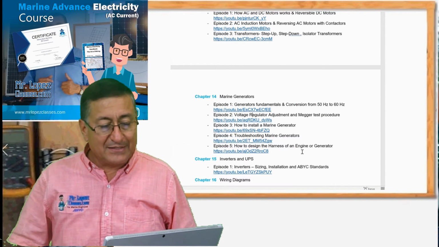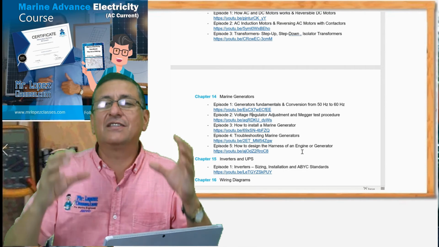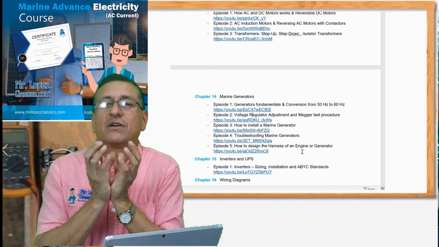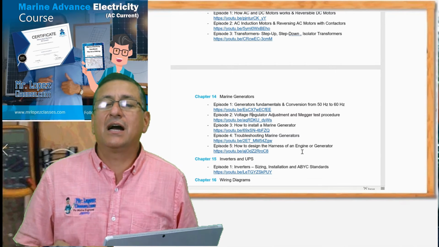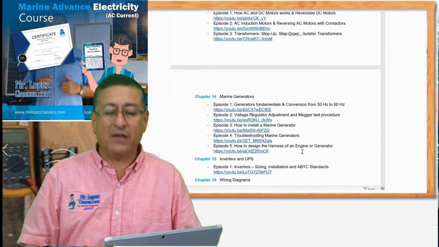This is a nice chapter. Chapter 15 is related exclusively with inverters, how they work, how they are designed, and the procedure to select the appropriate inverter for each specific boat.